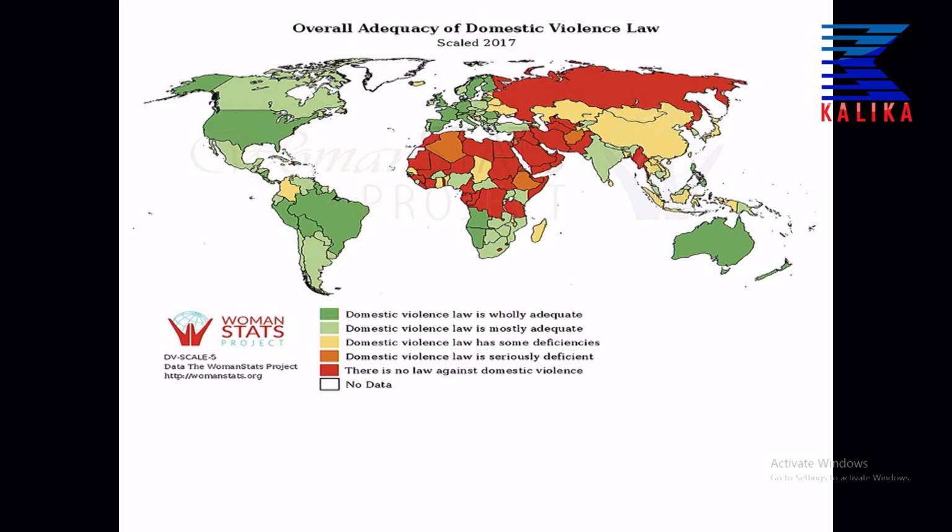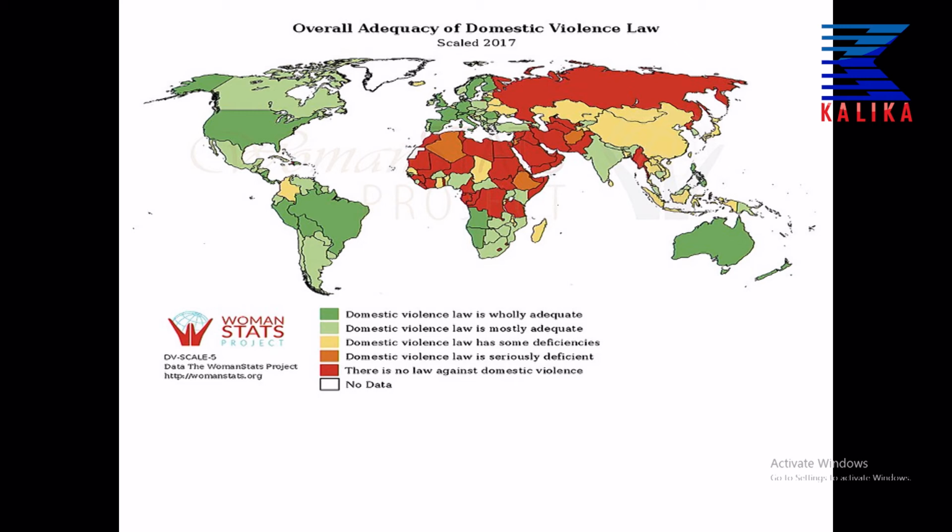Now, you see here domestic violence. The picture shows in different colors: domestic violence law is wholly adequate. The first color is quite good for us because there are very few events of domestic violence. The second one, domestic violence law is mostly adequate. Laws are quite enough. Some problems with the laws, third one. Fourth one, laws are seriously lacking.